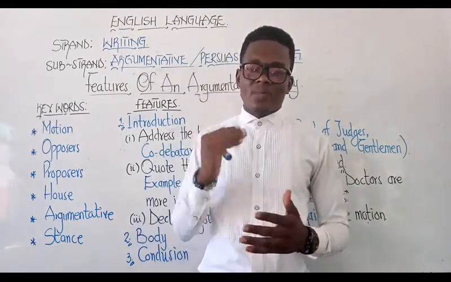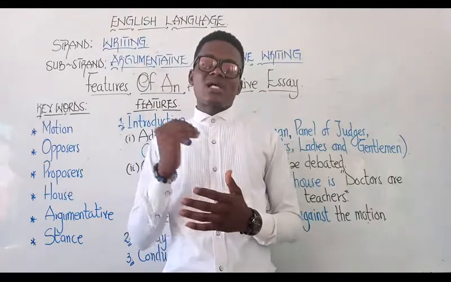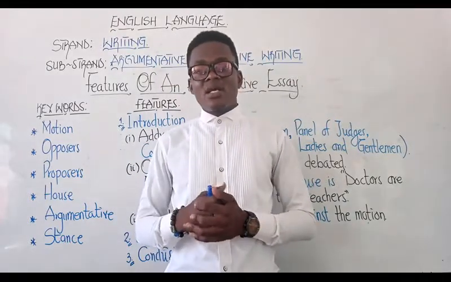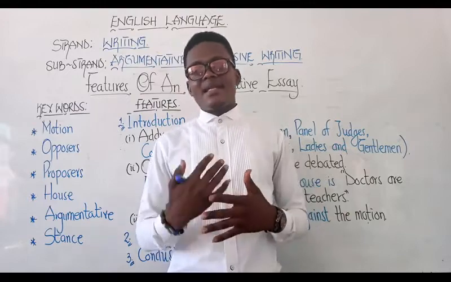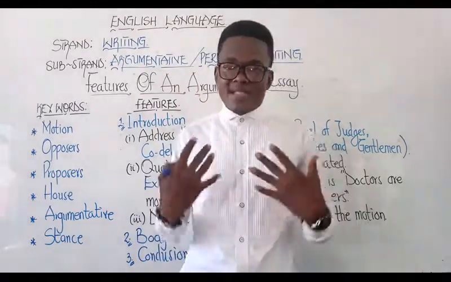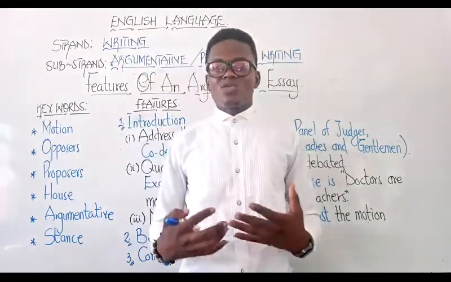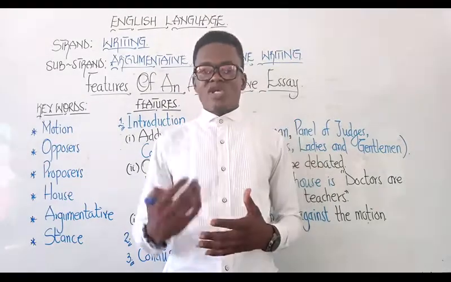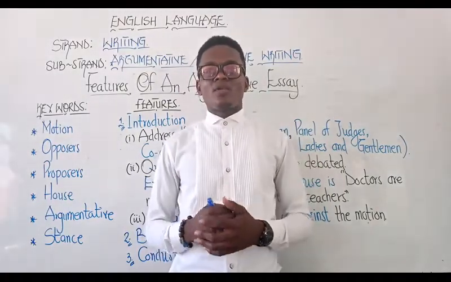So under the body, you first start by mentioning the possible points of your opponent, and later you bring out your points of view by giving examples and illustrations to back your points.